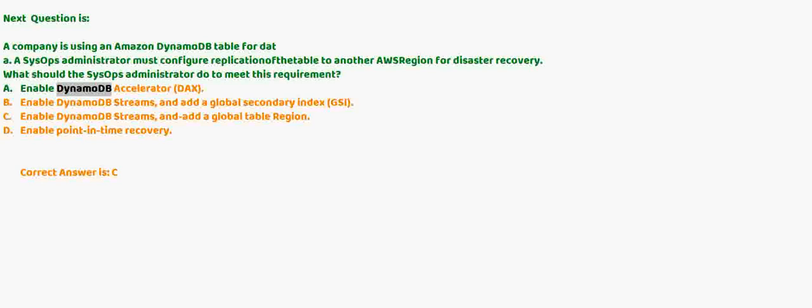A. Enable DynamoDB Accelerator, DAX. B. Enable DynamoDB Streams, and add a Global Secondary Index, GSI. C. Enable DynamoDB Streams, and add a global table region. D. Enable point-in-time recovery. Correct answer is C.